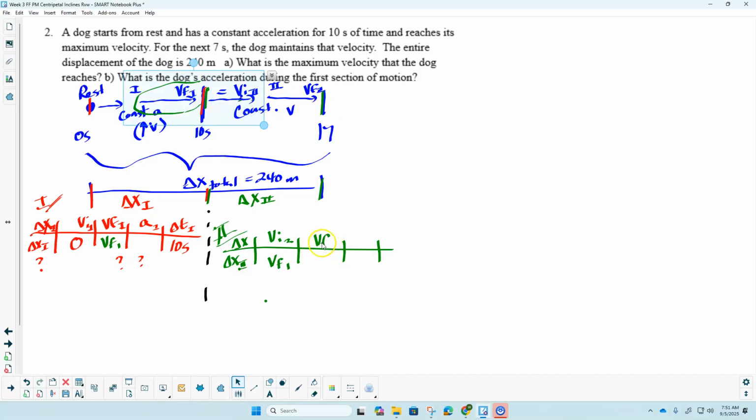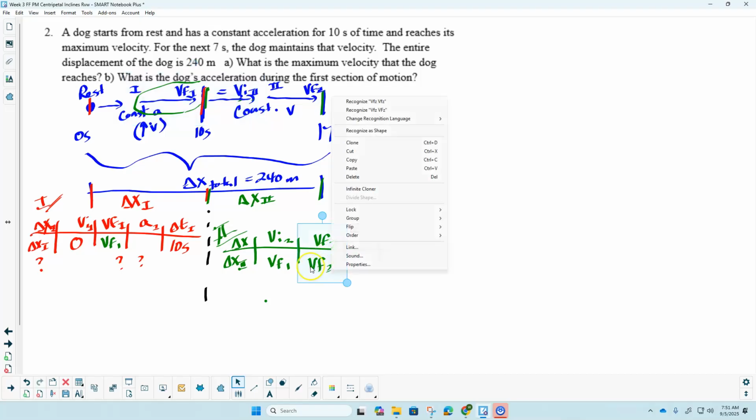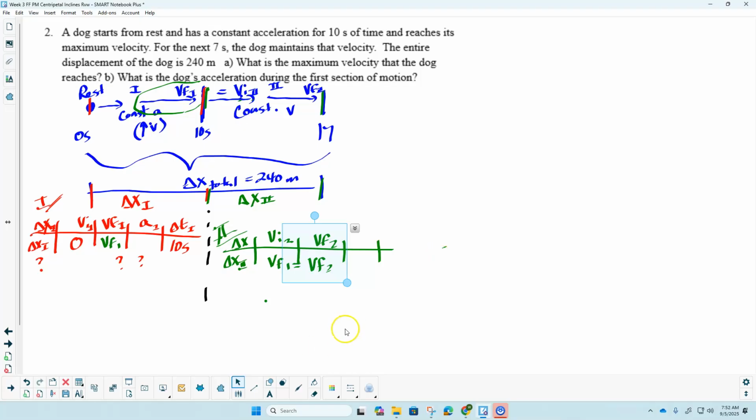So VF2 is actually the same thing. So these two are equal. That might simplify a couple things because it eliminates a variable. It just makes it 1 variable instead of 2. And then we have the acceleration of section 2, which is 0 because it's not speeding up, it's not slowing down, it's got a constant velocity. And we do know this time is 7 seconds.